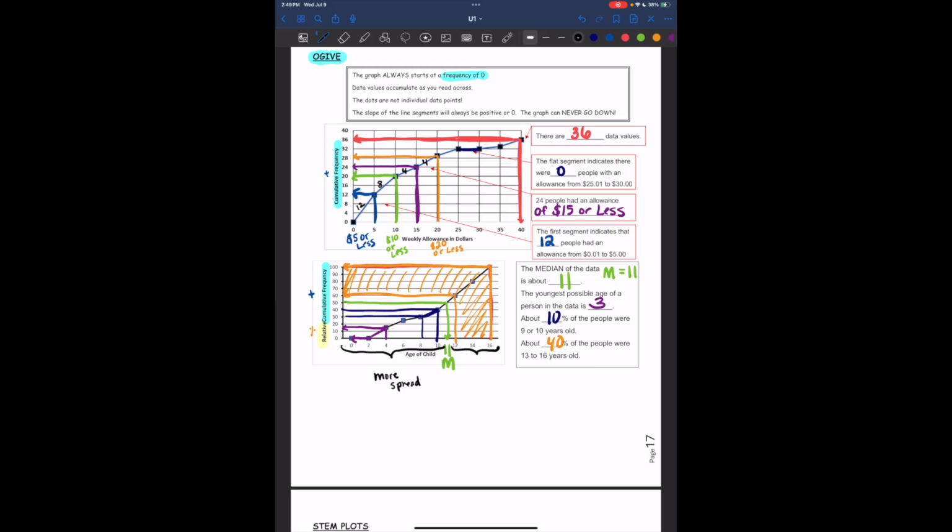And so that would mean that the data is skewed, right? It's more spread out on that lower half where the median is. So we would end up saying that this is skewed to the left, but it's just a different way of perceiving information. So let's give these a look.